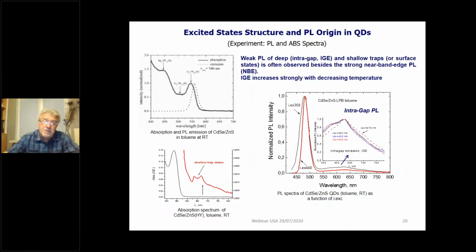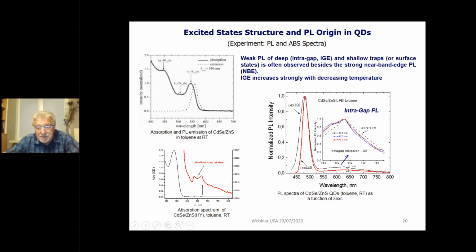So that's why we decided to find such levels, and through deep analysis of experimental data we found long-living, long-wavelength emission which belongs to these trap states.